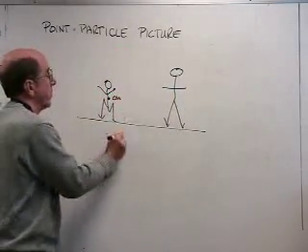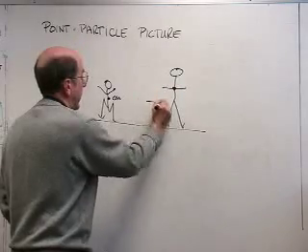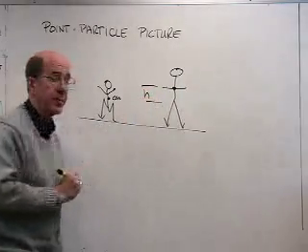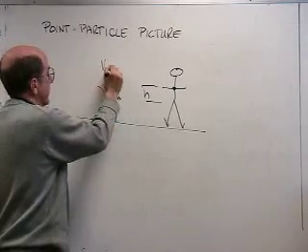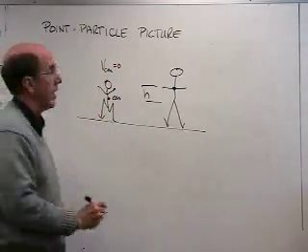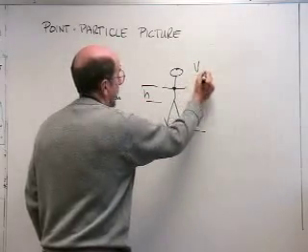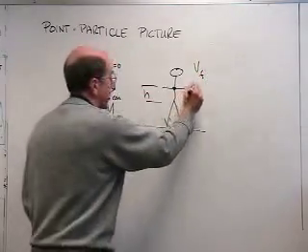This is the center of mass here. They've raised their center of mass by some height h, and they started off with the velocity of the center of mass equal to 0, and over here the velocity of the center of mass is equal to v final.